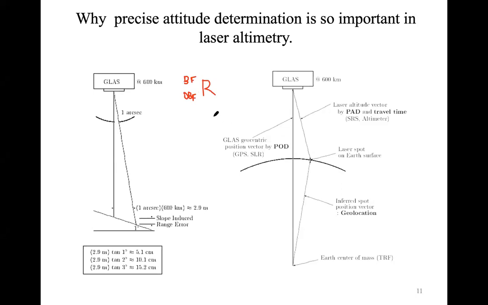So I use this kind of nomenclature. Basically, this R is the rotation matrix. The lower index on your bottom left is one of the two reference frames, the reference frame that you want to transform to.